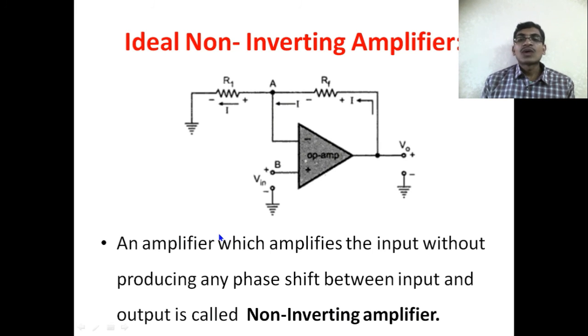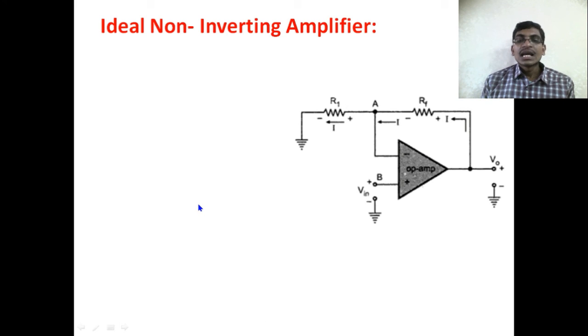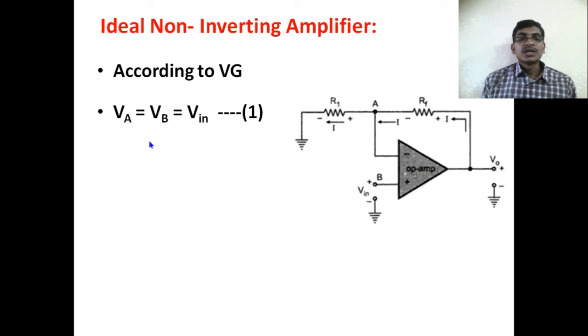So now we have to derive the gain of this ideal non-inverting amplifier. According to the virtual ground concept, VA is equal to VB. The voltages at both input terminals of our op amp are equal. But here VB has been given the VIN. Therefore, VA is equal to VB is equal to VIN.